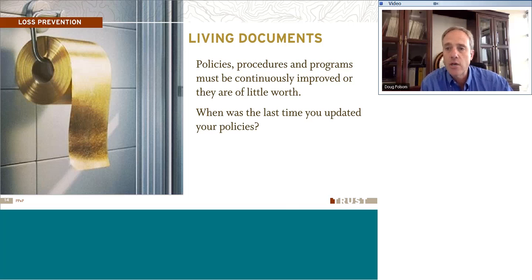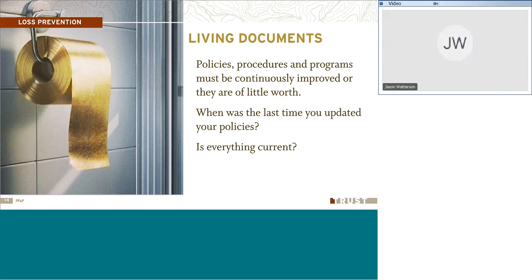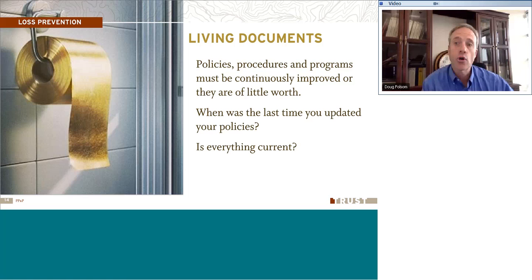But how we accomplish that purpose is going to change over time. And so that needs to be something that we pay attention to. We need to be updating those policies on a real-time basis as needed. And then, is everything current with our current operations, or with current legal requirements, current law? What does it require from us?